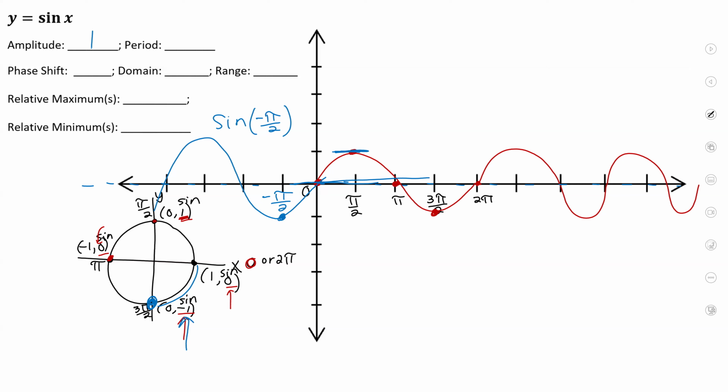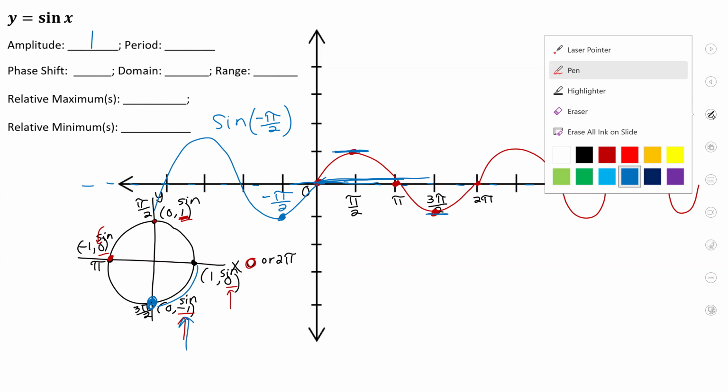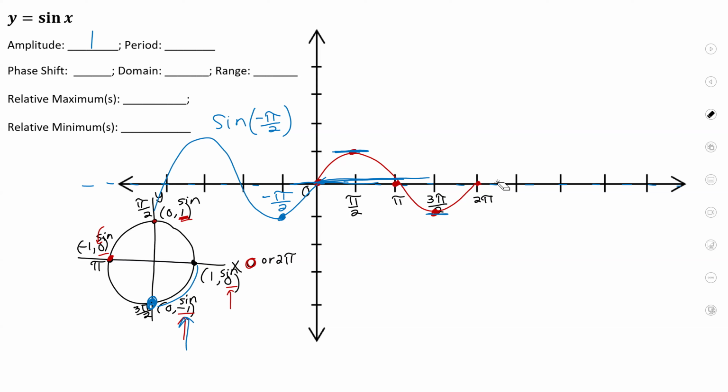Another definition for amplitude is the midline to the lowest point, which is also 1. The period is how long it takes to complete one sine cycle. We went from 0 to 2 pi, so that's how long it took to create one cycle of sine. So your period is 2 pi.